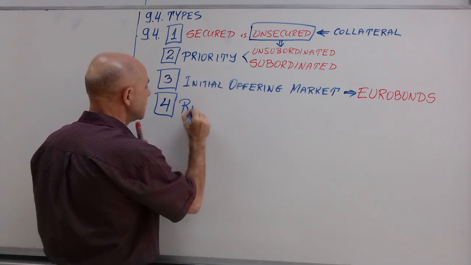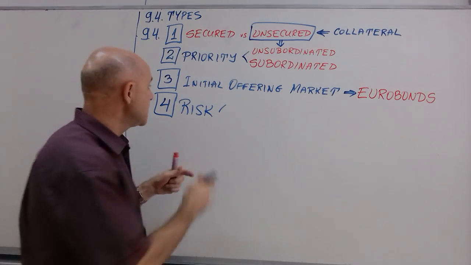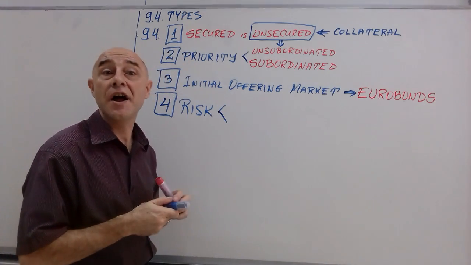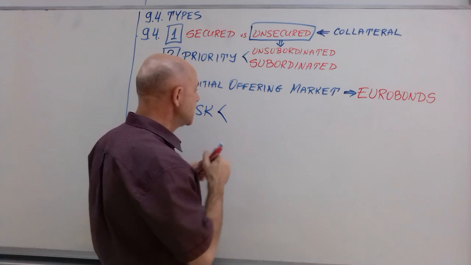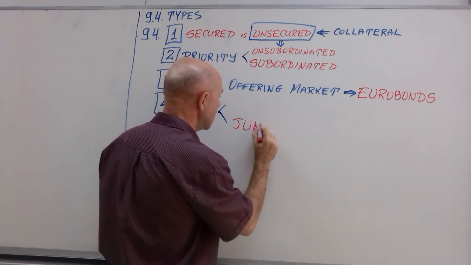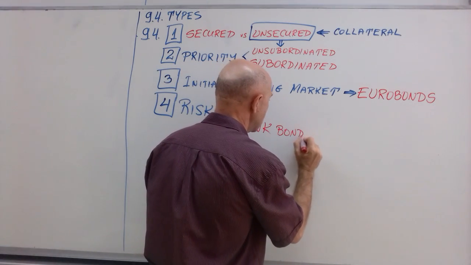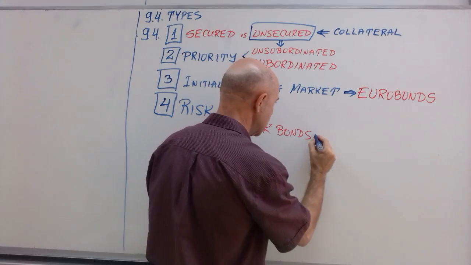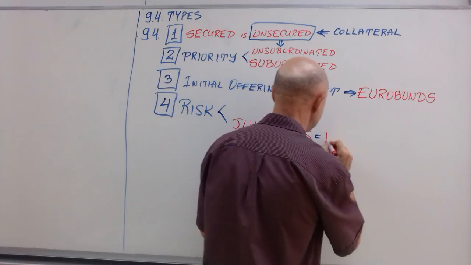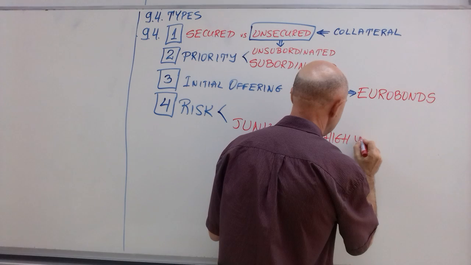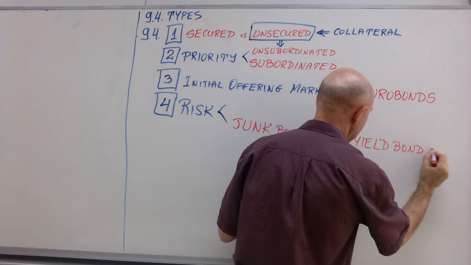The next key characteristic is risk. It may be low, it may be high. If it's high risk, they're called junk bonds, which are the same as high yield bonds. Okay?